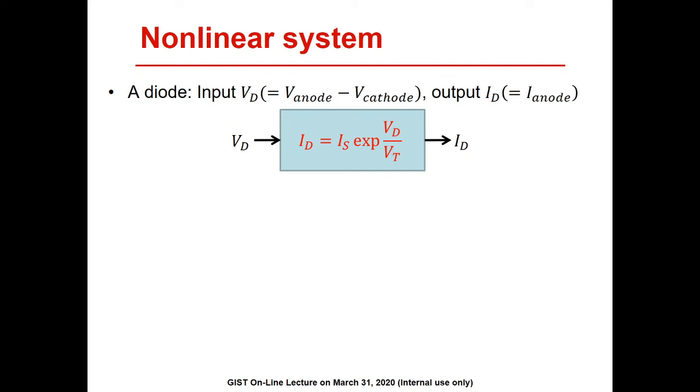Let's consider an exponential IV curve of a diode. In this case, the diode voltage is an input variable and the diode current is an output variable.